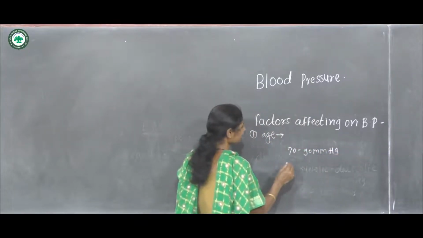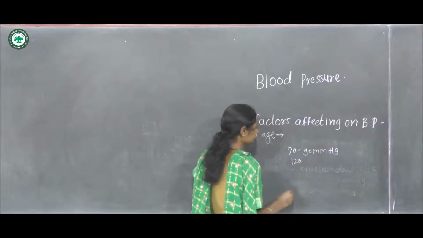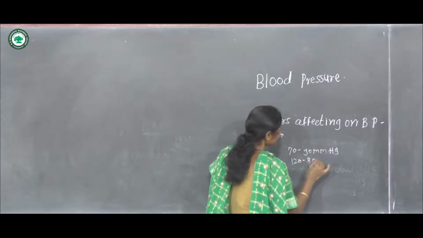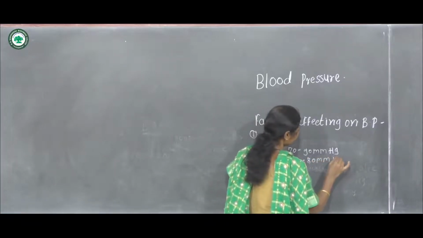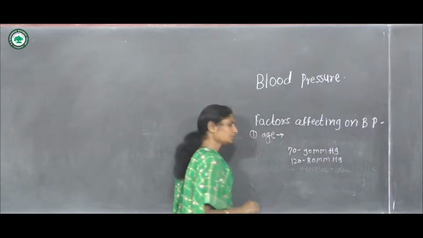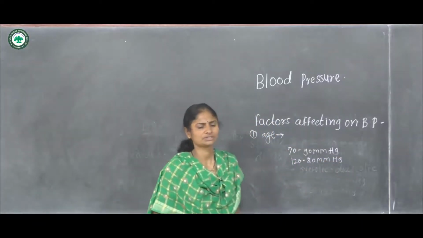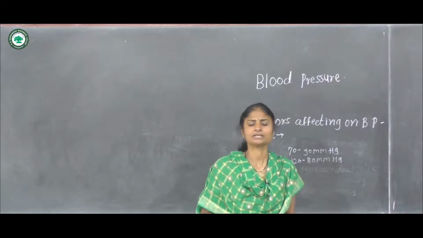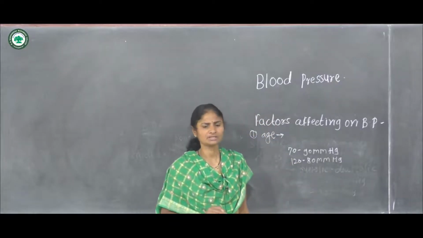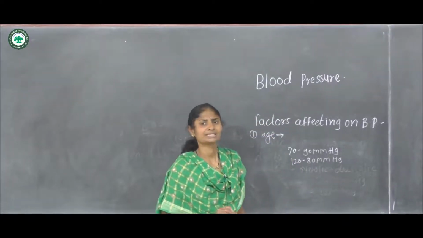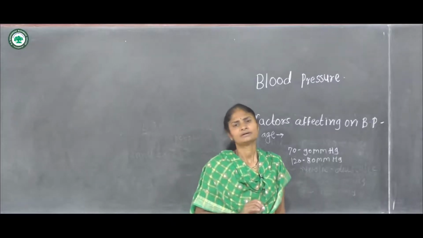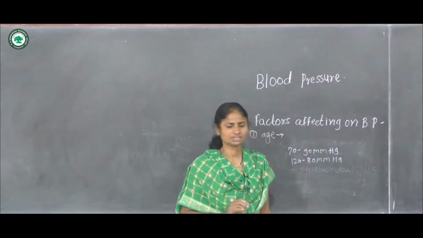In a normal adult, it is 120 to 80 mmHg, and in older people, systolic blood pressure rises with decreasing blood vessel elasticity.